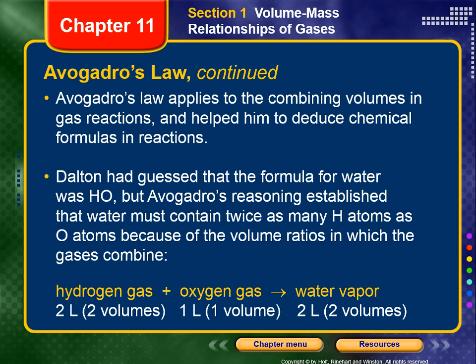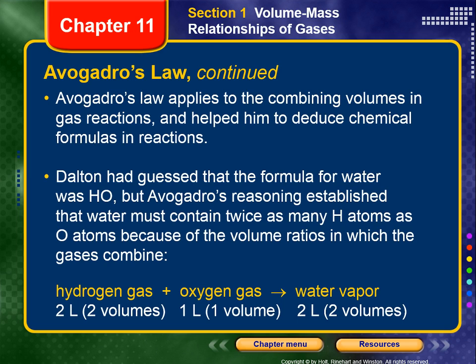So Avogadro applied his law to the combining volumes in gas reactions, and it helped him to deduce the chemical formulas in reactions. Dalton had guessed that the formula for water was HO, one hydrogen and one oxygen, which we now know is not the case.